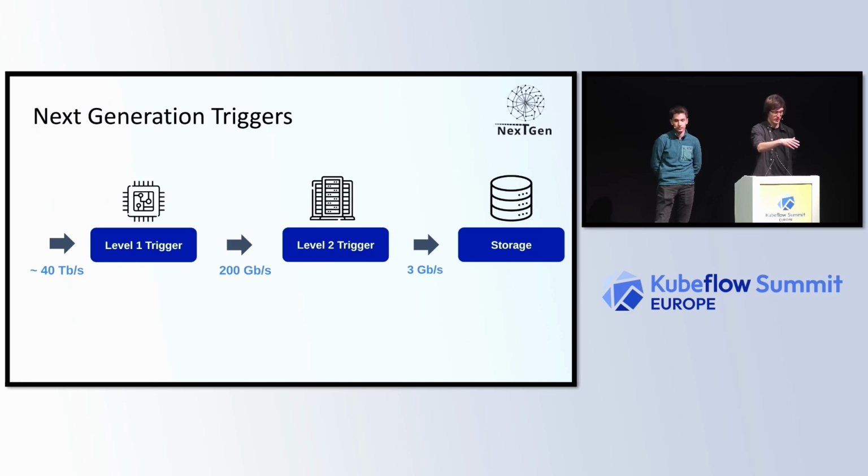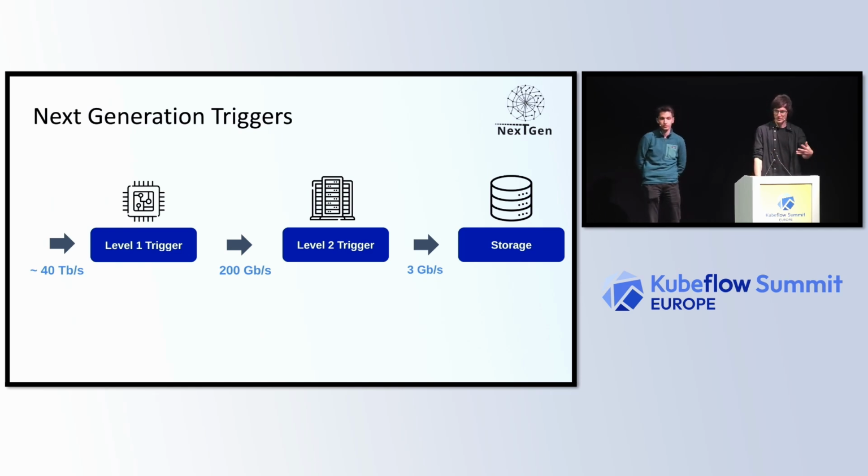First, the level 1 trigger, a hardware-based selection process, where we use simple rules to discard events that are not very interesting to us. For example, a collision event with a very high energy is something that we want to keep and store. Events with low energy are not interesting to us. There's no new physics, so we will discard them.